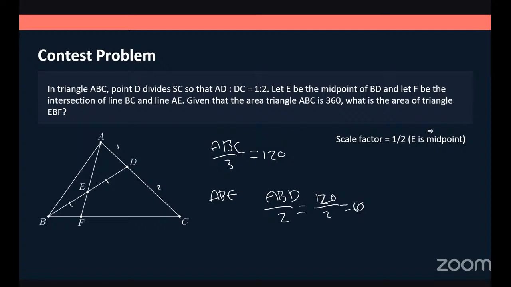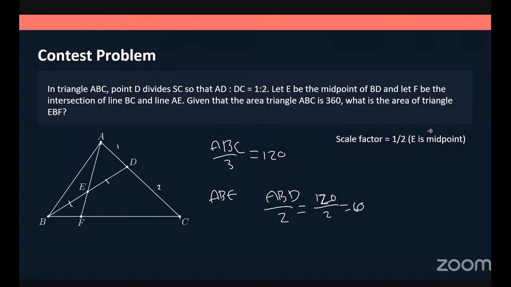From there, we can see how, because of the ratios of 1 to 2 and 1 to 3, the height from BC to E would be half of the height from BC to D. It's all based on the ratios of this being 1/3 and this being 1/2, like we've shown here.